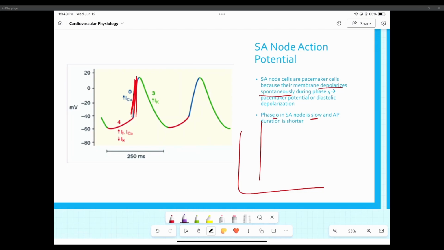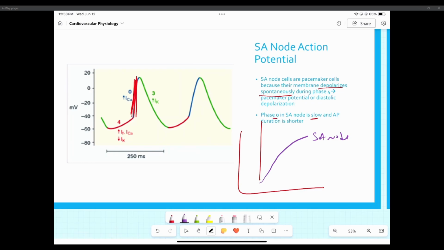The myocytes will depolarize like that. That's slower compared to the red one. Everyone can see that. The red one depolarizes fast. It goes straight up. The purple one, which is the SA node, is a slower action potential. It just happens that they occur more frequently.